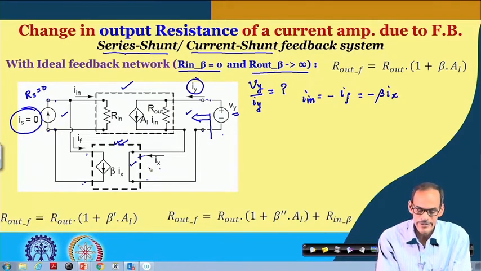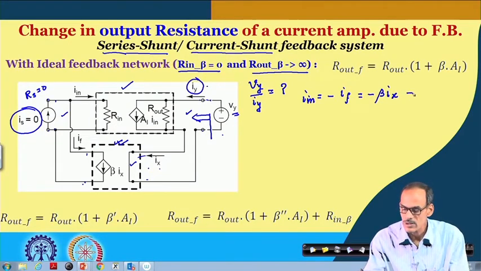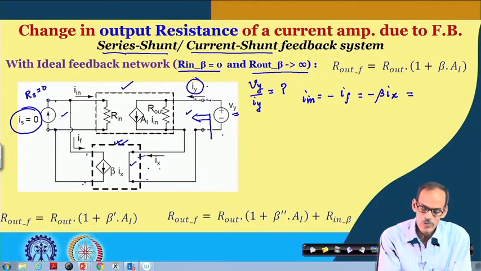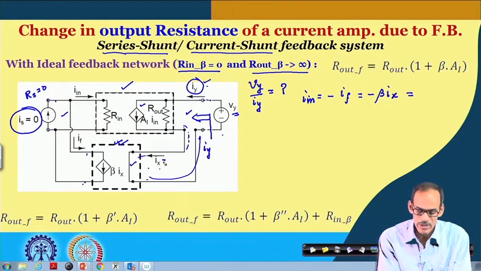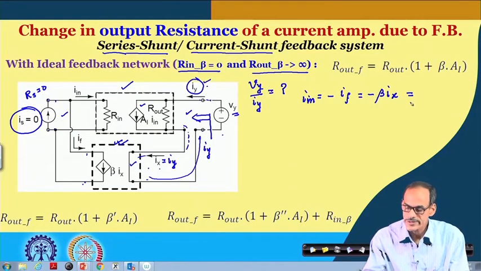This I x is incidentally equal to I y, because whatever the I y is, this current flows through either the internal current source or this resistance, and finally they get combined together, and the return current should be consistent with this I y. So, I x is equal to I y. That gives us the expression I in equals minus beta into I y.